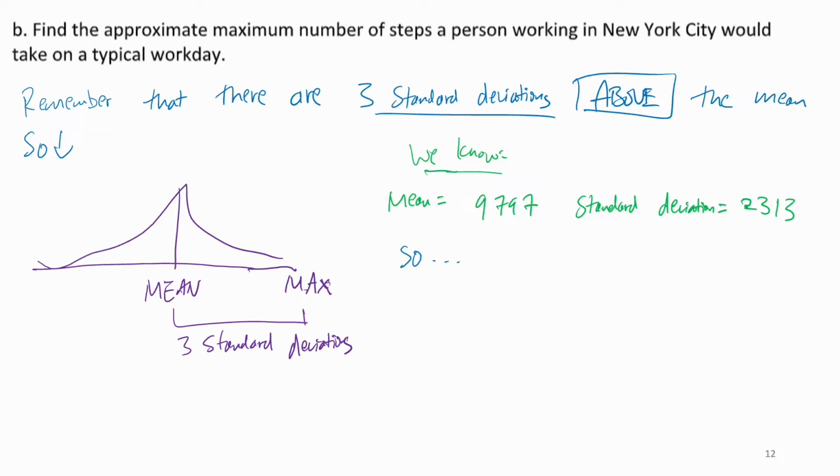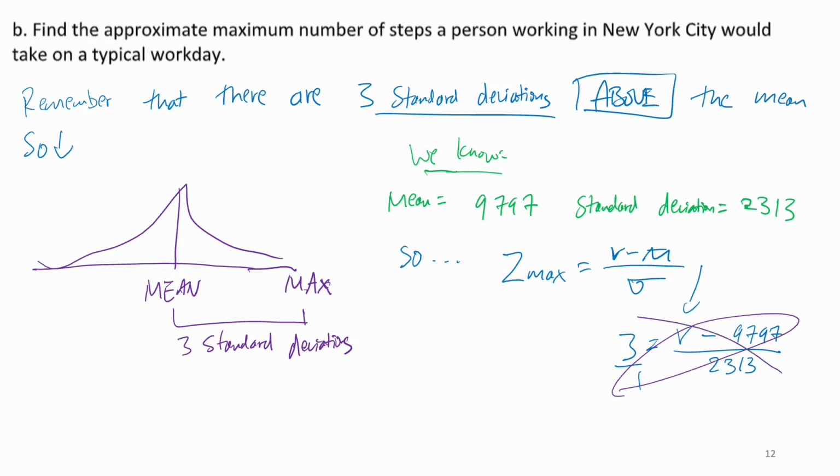So, z-score of the maximum equals value minus mean over standard deviation. So we'll plug everything that we know. 3 equals value minus 9,797 over 2,313. Now we're going to cross multiply. And we get max minus 9,797 equals 6,939.